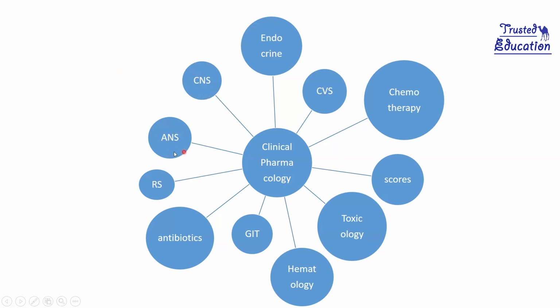Autonomic nervous system. The autonomic nervous system is, as you know, something you can find in each part of those systems that we mentioned before. You can find it in the cardiovascular system as beta blockers, alpha blockers. You can find it in the respiratory system. You can find it in the GIT.